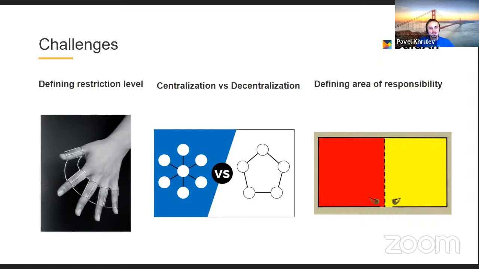That's something that I got from my experience. I think there are three main challenges: defining restriction level, centralization versus decentralization, and defining area of responsibility.